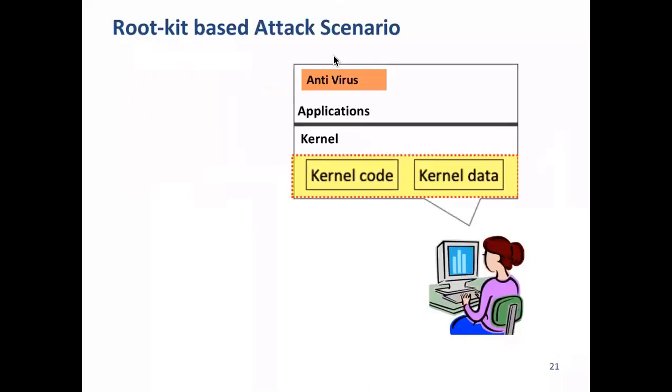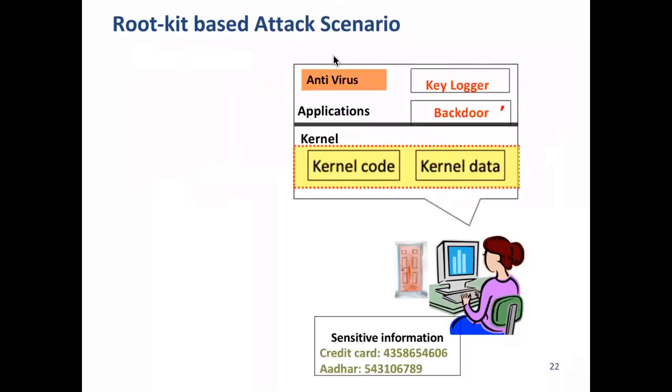Okay, so a rootkit can be in user space, so it can be a keylogger and backdoor, and that will have access to something inside, right? And it can steal.